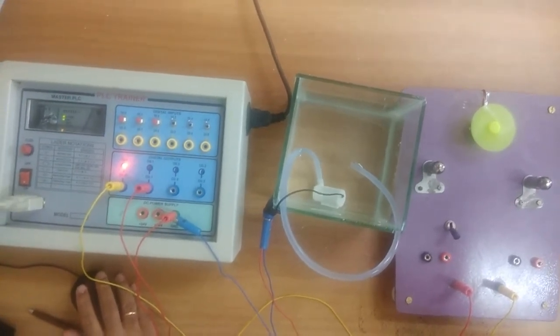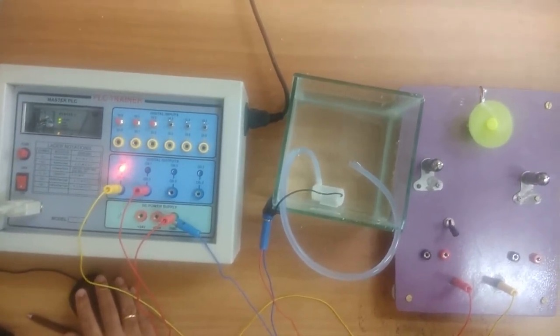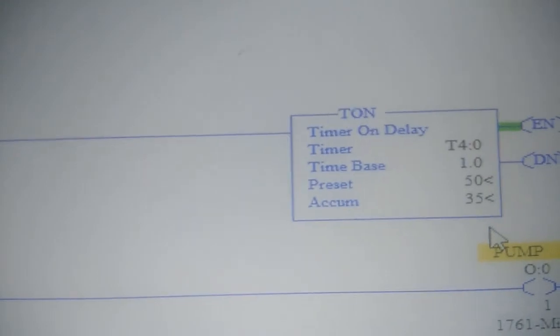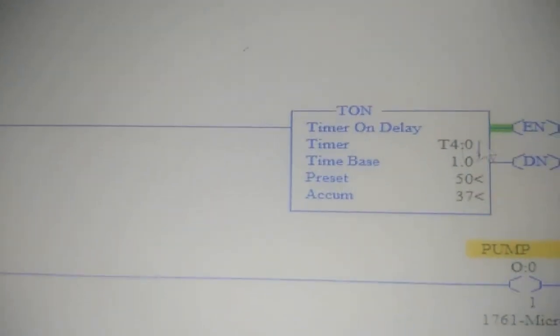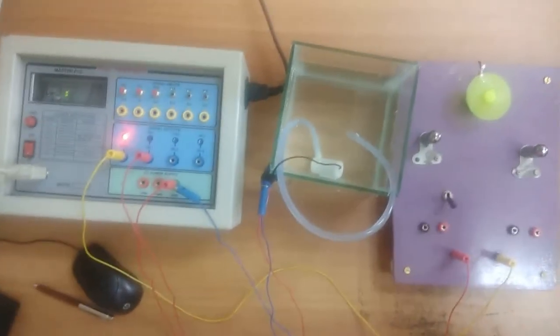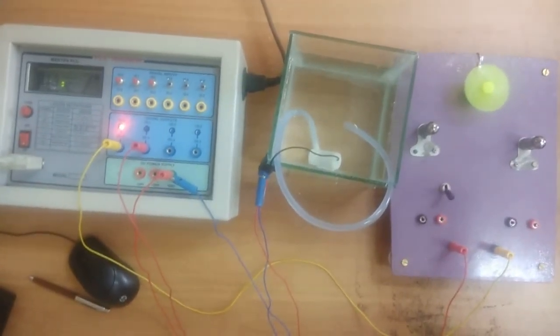In those situations we use this. Now the time is 32 seconds. The motor is running. Once it reaches 50 seconds, the pump will turn on, and for the next 40 seconds both will run simultaneously.